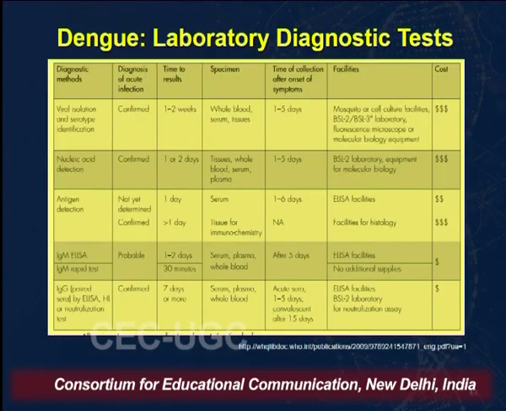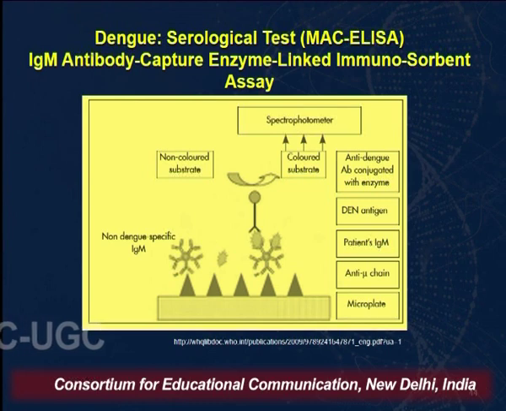Now this is a tabular representation comparing various laboratory diagnostic techniques, including the direct methods as well as the indirect methods, like IgG or IgM detection through ELISA techniques. The dengue serological test generally includes MAC-ELISA, which is IgM antibody capture enzyme linked immunosorbent assay. So these methods are being used.